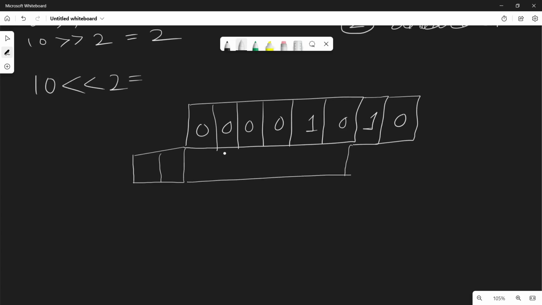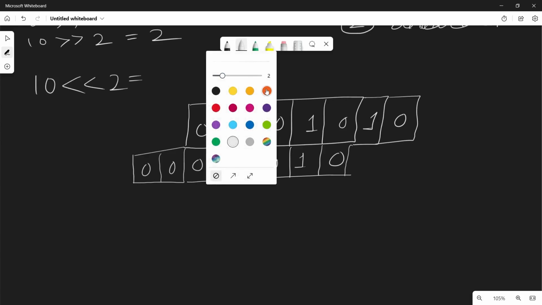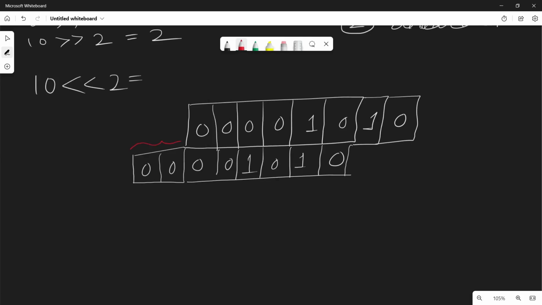That's all. 1, 2, 3, 4, 5, and 6. So 0, 0, 0, 0. Same data. Whatever I have on top, I will write the same thing, 1, 0, 1, 0. But I am shifting the 2 bits. That's all. Now, as you can see here, these 2 bits that you see here are discarded, right? This will be discarded.